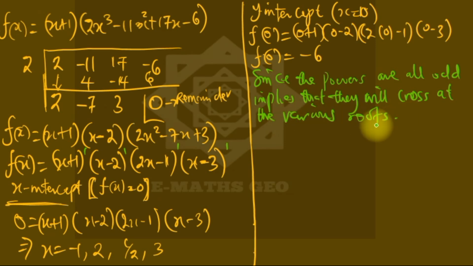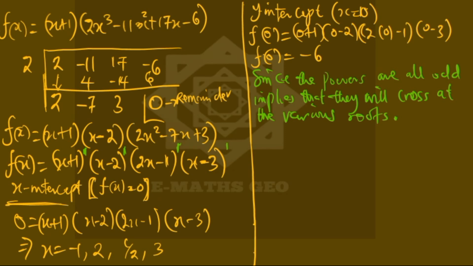They won't touch, because some graphs will just touch and go, but this one must cross the x-intercept. So we've done that, since their powers are all odd, 1 each.